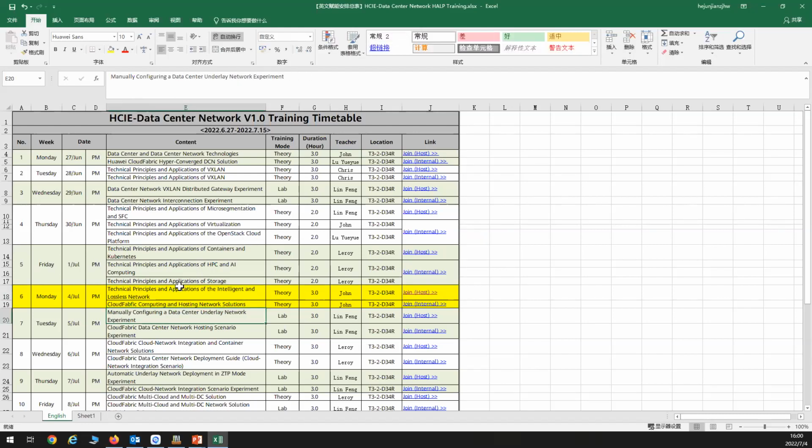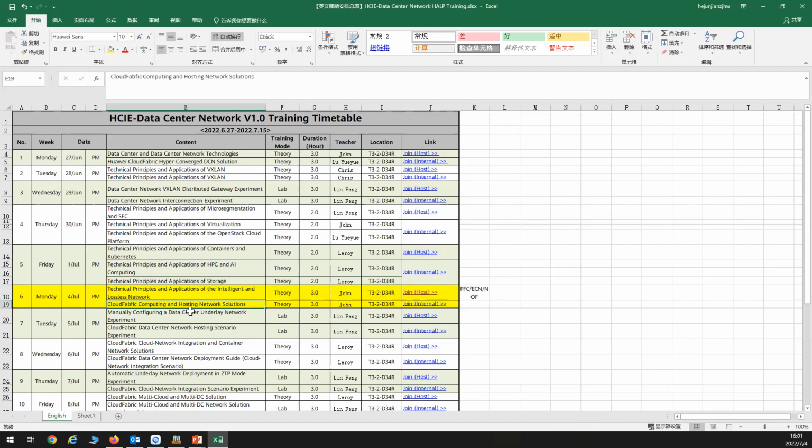So in this slide, we will introduce some basic fundamentals of lossless network, such as the working principle of PFC, ECN, and NOF. These three technologies are very important in this slide.